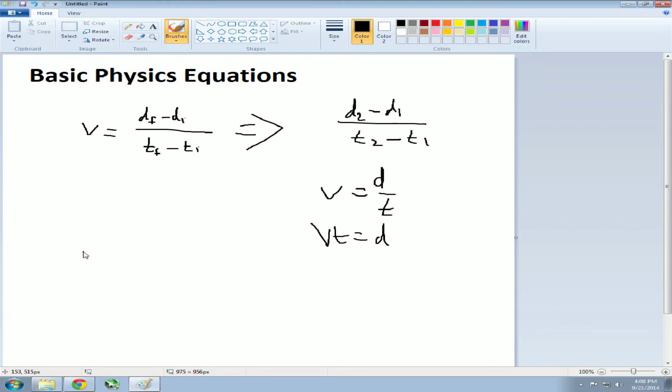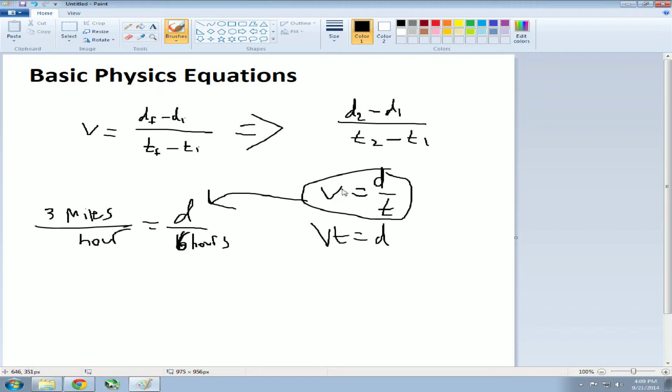So let's say that my car is moving 3 miles per hour. And I want to know how far did it move in, I don't know, 6 hours. So if my car is moving 3 miles per hour, how far did it move in 6 hours? Right? And this is basically this equation right here.